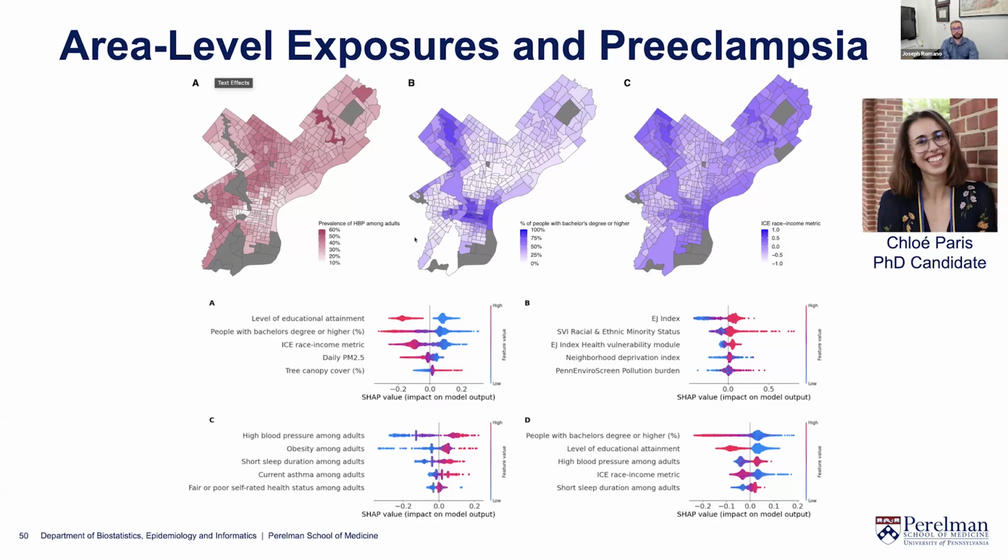In Chloe's work, she's been looking at different exposures that occur at the area or neighborhood level, in this case, in the city of Philadelphia, and seeing how those associate with preeclampsia.